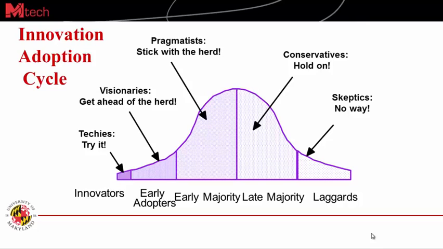And so there's always going to be some segment of the market and some segment of the population that is not going to adopt an innovation. But this is a hypothetical way of understanding how innovations are adopted in the marketplace. And so it's a framework for you to understand how that works. And we'll dig into this later in the course, but I wanted to give you a taste of what this vision is about the innovation process.